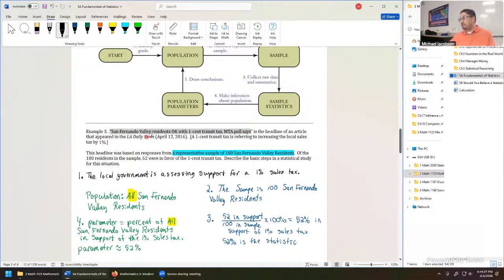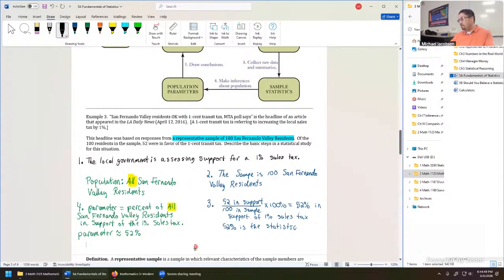That's their conclusion. The residents are okay with the sales tax. They mean the majority of residents, but even if they put in that qualifying statement, the majority of the residents, more than 50%, are in favor of the sales tax, it's still problematic. But let's go with what the article said, draw the conclusion about the population.